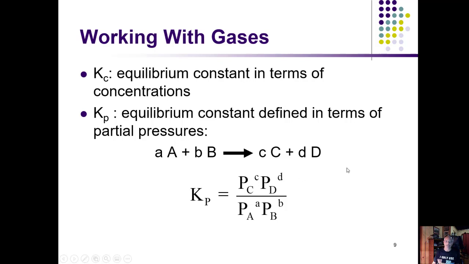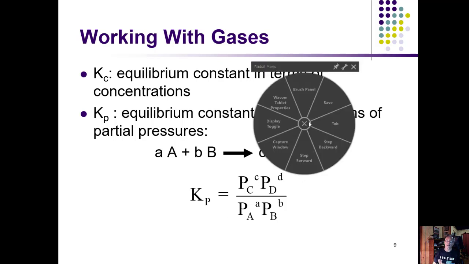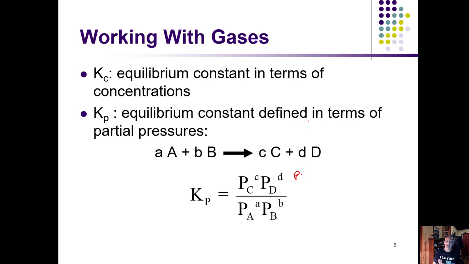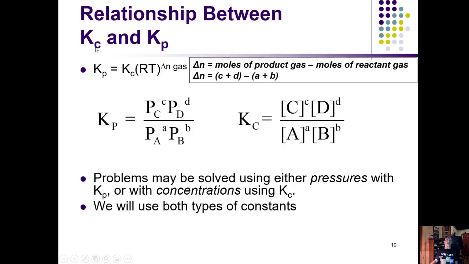It's still products raised to their coefficients divided by reactants raised to their coefficients as powers. Okay? And we can convert between K sub C and K sub P. All right, and this is the equation that we would do this with.